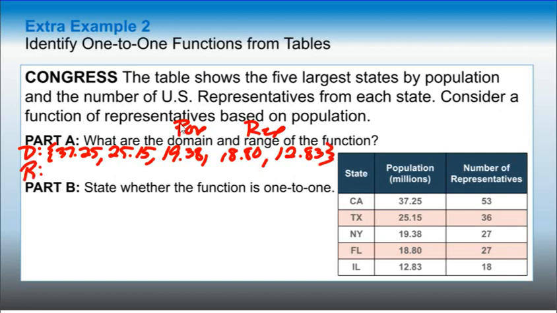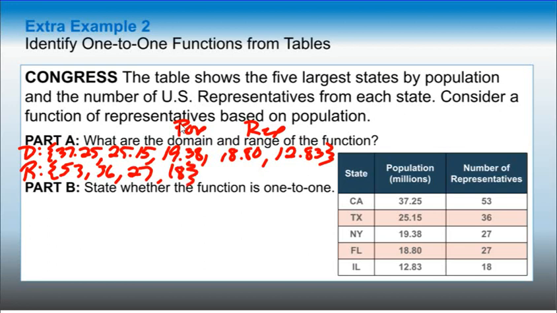The range would be the number of representatives, so we would have 53, 36, 27, 20, we only have to list 27 once, and we would have 18.